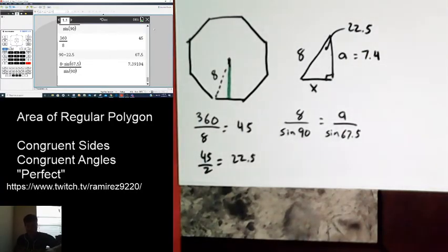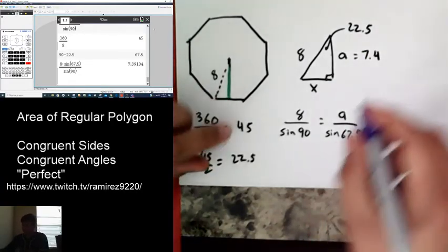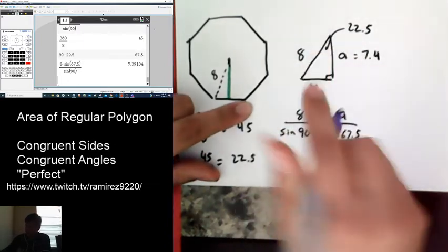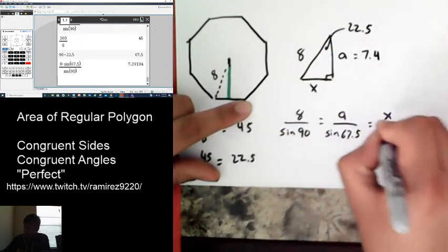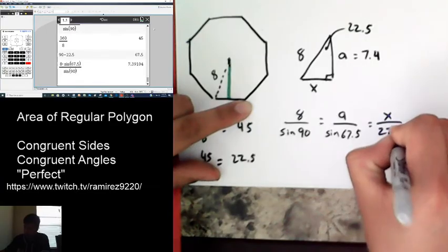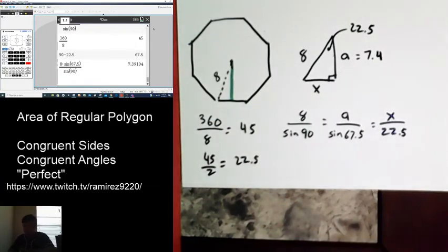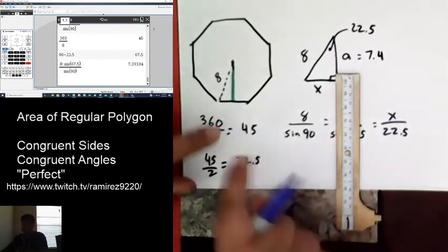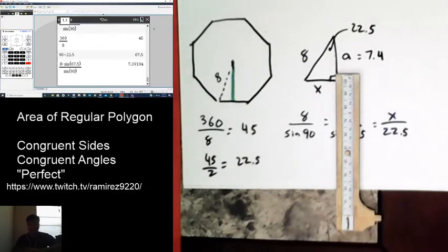If I want to find my half length, again, x is across from the 22.5. And all you have to do is pretend that part was in there and do a quick cross multiplication. Go back and look at the video on the law of sines if you forgot.